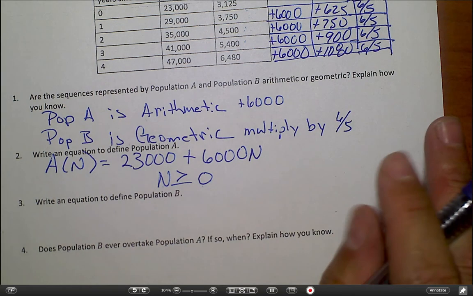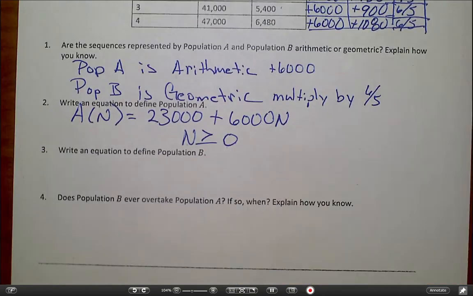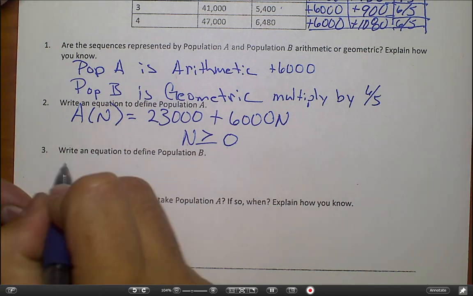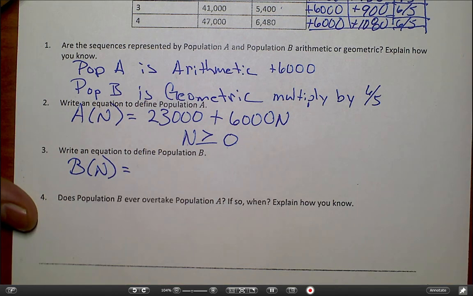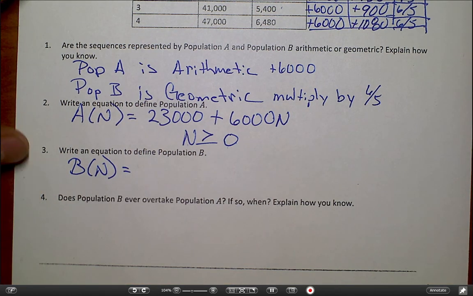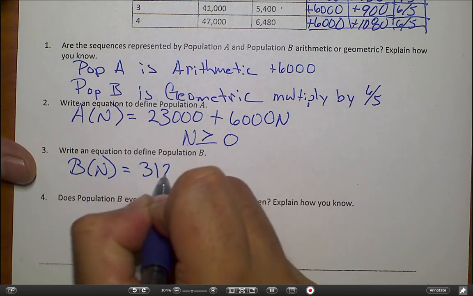So now the next one, 3. Write an equation to find population of B. So now, if it is going to be repeated multiplication, that is the same as what? Exponent. So it's going to be an exponent now, right? B of n is equal to, what am I starting off with? 3,100.